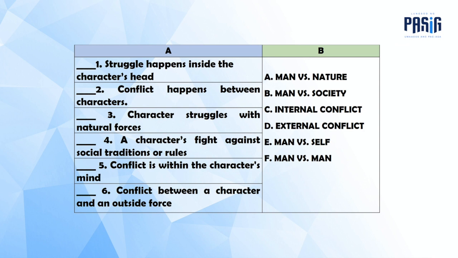Here are the correct answers. For number 1, we have letter E. Number 2, letter F. Number 3, letter A. Number 4, letter B. Number 5, letter C. And number 6, letter D.